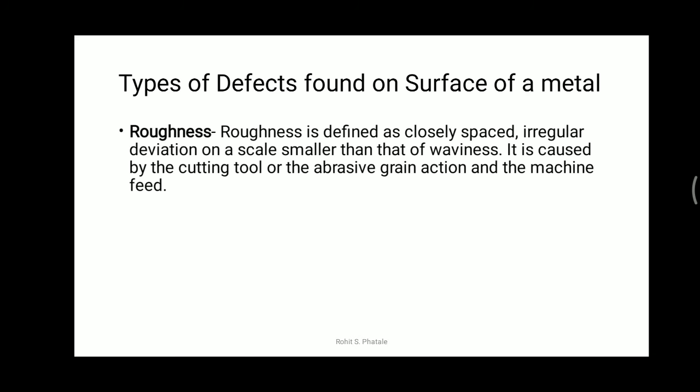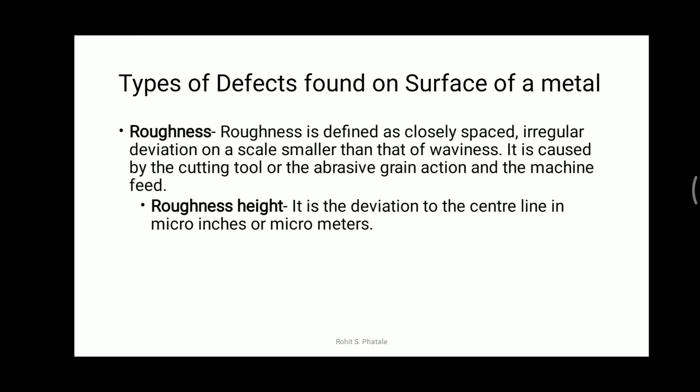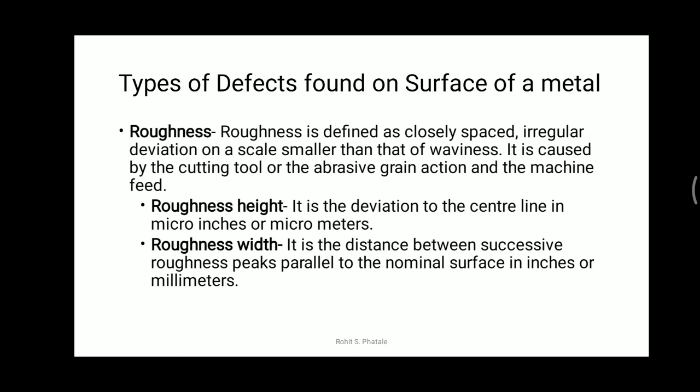It is caused by the cutting tool or abrasive grain action and the machine feed. Many times we have seen this roughness pattern. The roughness height and roughness width are the two extra dimensions that we can see on the workpiece.